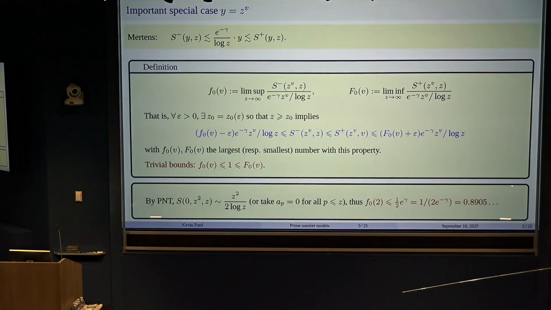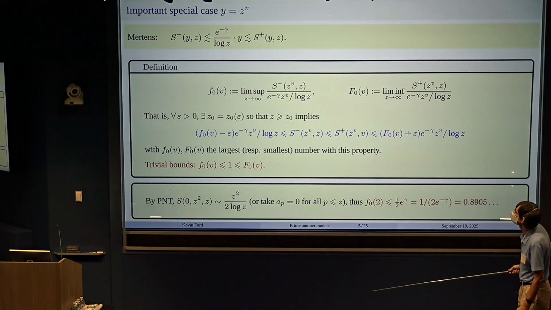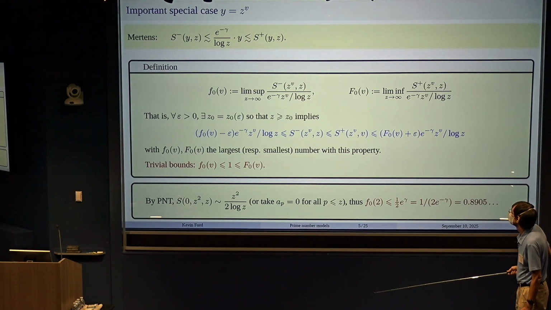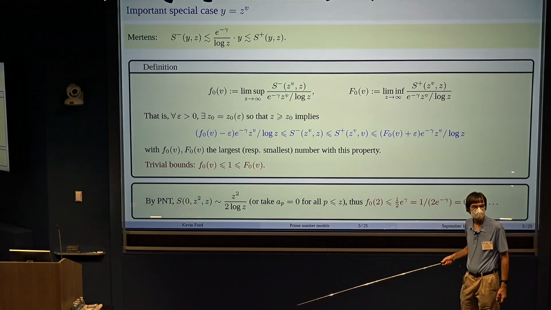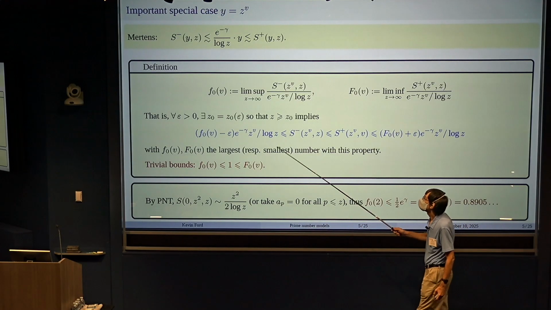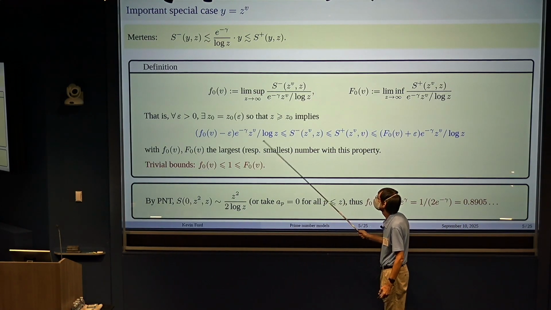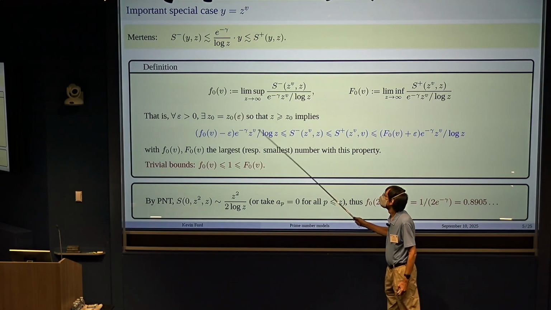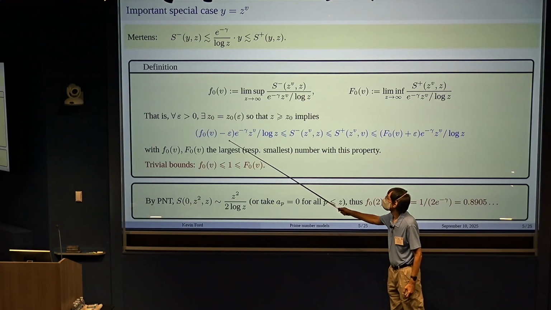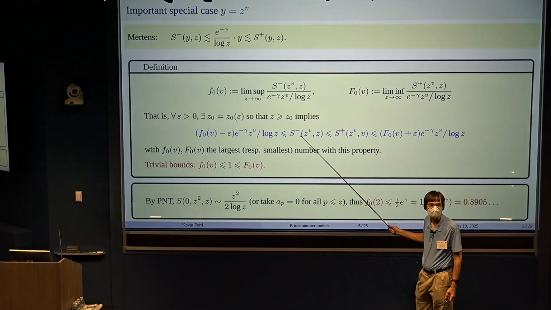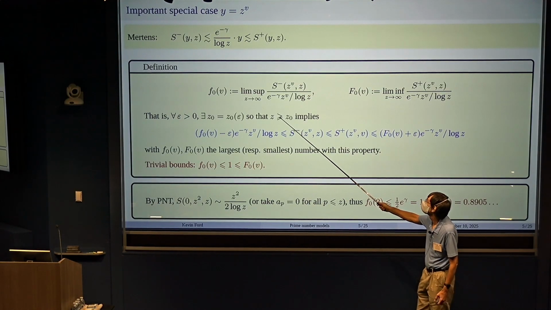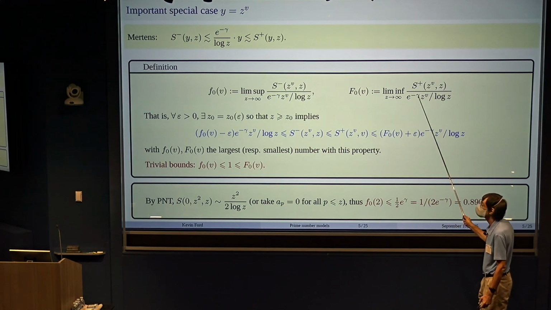Could it be that f0 is a lim inf and capital F0 is a lim sup? No. This is like a minimax. Each of these are like minimax. So I want this to hold for every epsilon and z large enough. I want this to hold all the time. It's lim sup of s minus, lim inf of s plus.